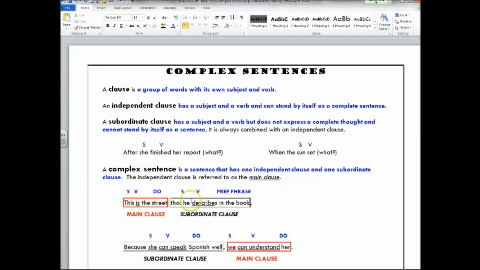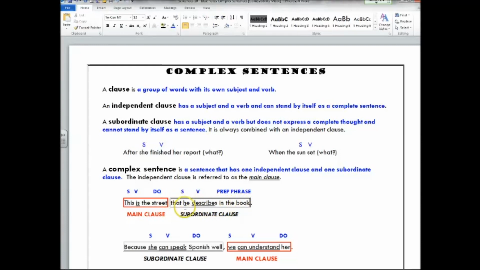We have this sentence. This is the street that he describes in the book. This is the street is your main clause. Subject, verb. This is the street, period. Okay, this could stand on its own as a complete thought by itself. It's combined with the subordinate clause that he describes in the book.